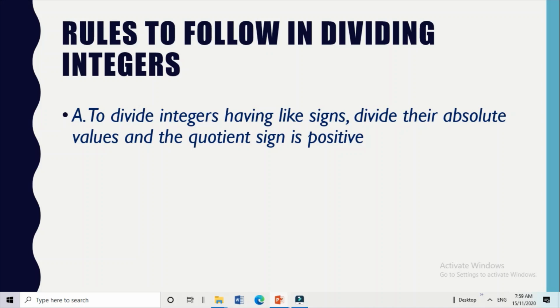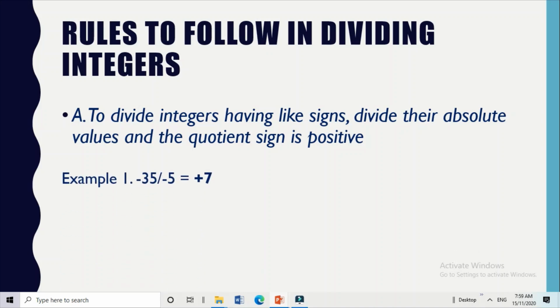Pag mag-divide ka ng integers na pareho yung sign nila, halimbawa, they are both positive or pareho silang negative, i-divide mo lang yung absolute values nila and the quotient or yung answer nila is positive.